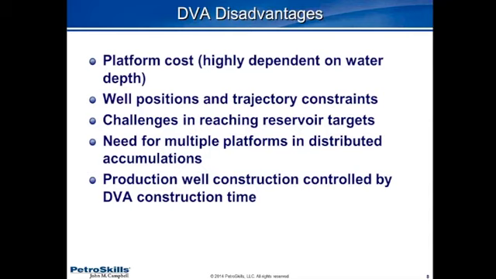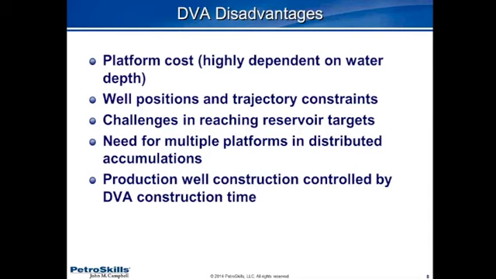One solution for the spatial distribution of the reservoir might be to create multiple drilling locations, and this can be a solution where platform development costs are modest. But in deeper and deeper water, the cost of the platform becomes prohibitive, and those distributed reserves of oil and gas become uneconomical to develop.